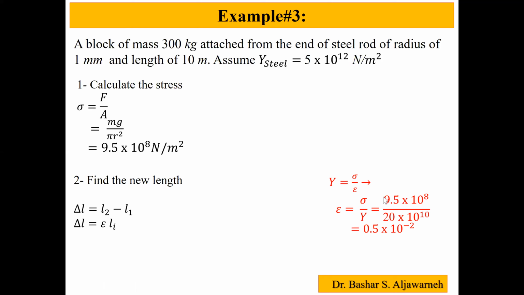Okay, so we have the strain and we know the original length, so easily we can calculate delta L. Now, since we have delta L, we can go back to this original formula. Delta L is known now, and the initial length is known, so the new length is delta L plus L1, or the initial length, which is by the end 10.05 in meter.